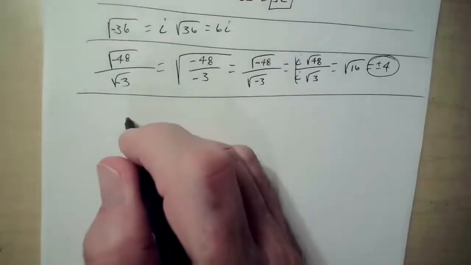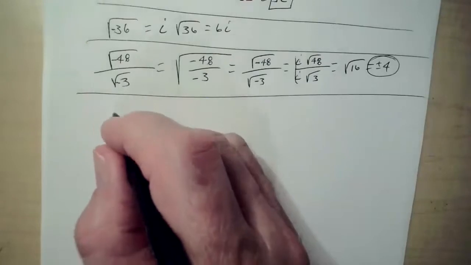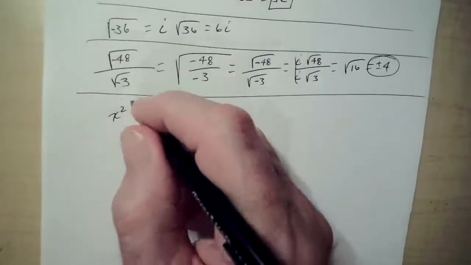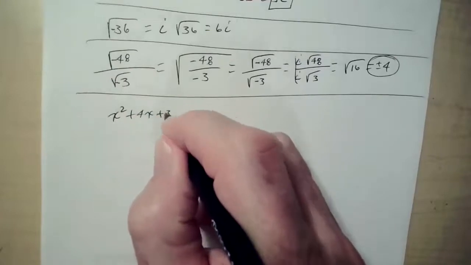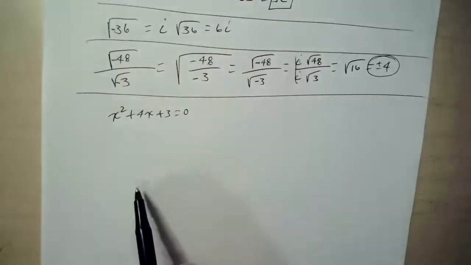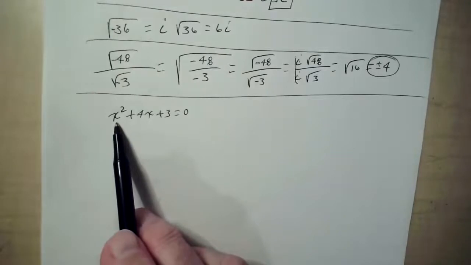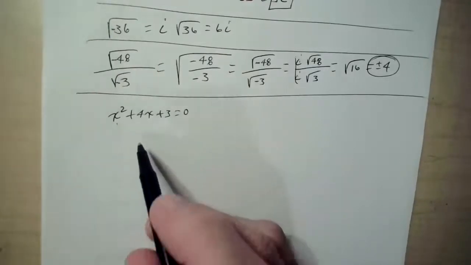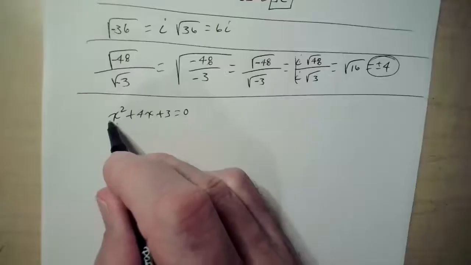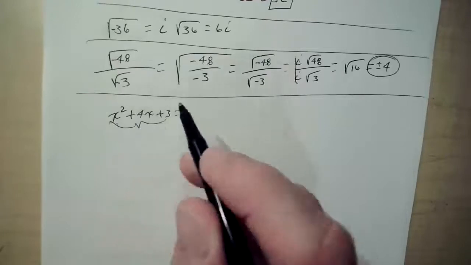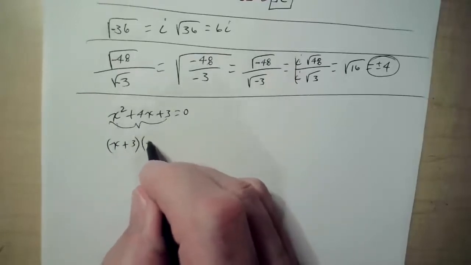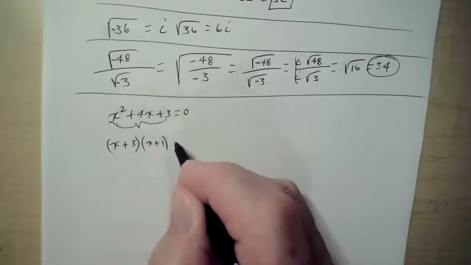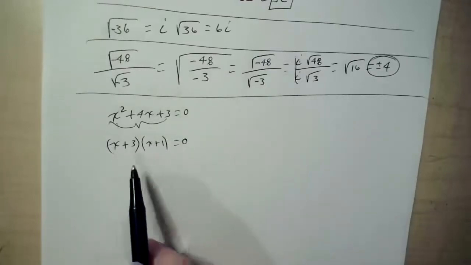Now, solving quadratics, if we have x squared plus 4x plus 3 equals 0, what we do is we factor this into x plus 3 times x plus 1 equals 0.